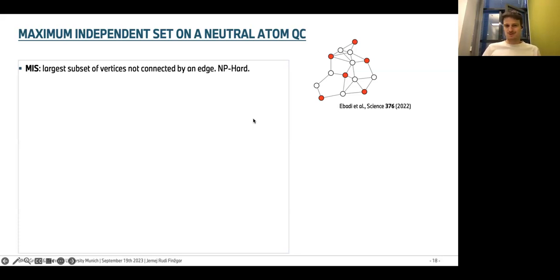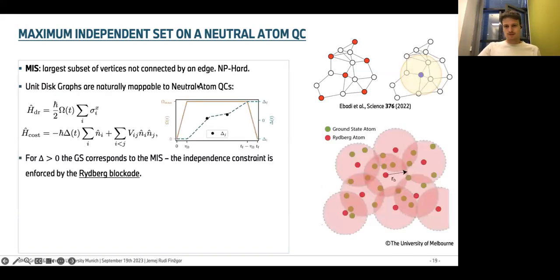And although that is trivial to state, the optimization problem itself is NP-hard, meaning that in the worst case, algorithms are expected to have exponential complexity. A particular family of graphs called unit disk graphs were shown to be naturally mappable to neutral atom quantum computers.